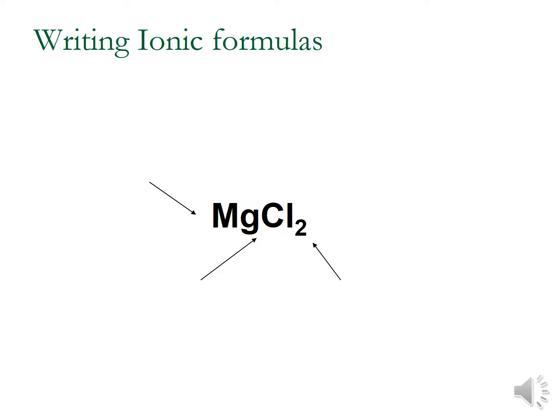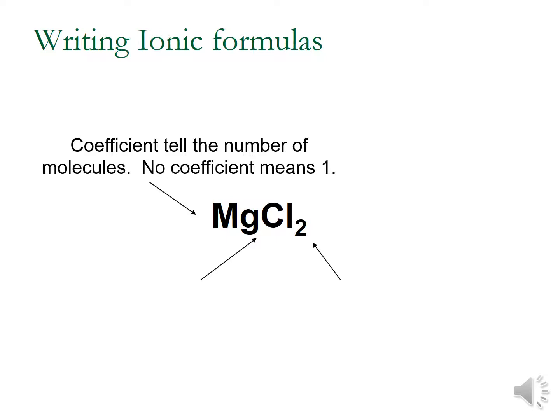Now let's talk about writing ionic formulas here. A coefficient is a number that goes in front of a molecular or ionic formula. It is meant to multiply the entire formula. This one does not have a coefficient, so that means 1 formula unit of magnesium chloride.